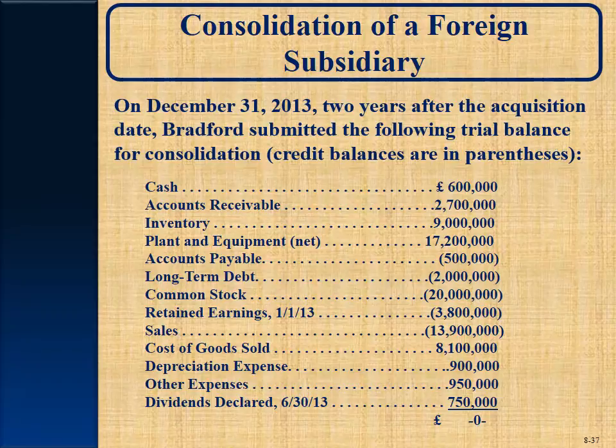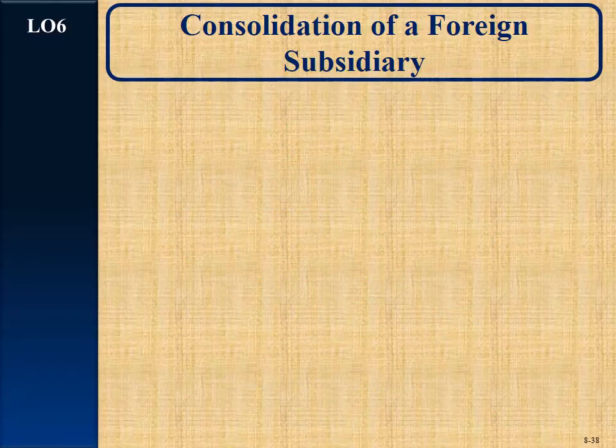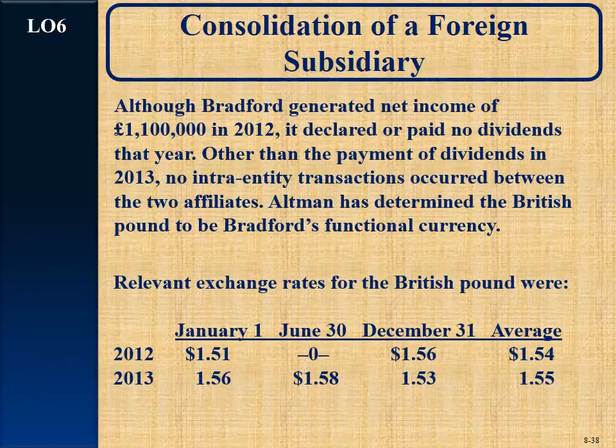Credit balances are in parentheses, so this is in terms of pounds. Cash, accounts receivable, inventory, property, plant, and equipment, accounts payable, long-term debt, common stock, retained earnings, and there's their income statement information. Although Bradford generated net income of £1,100,000 in 2012, it declared or paid no dividends that year. Other than payment of dividends in 2013, no intra-entity transactions occurred between the two affiliates.